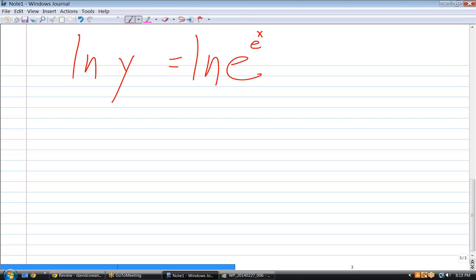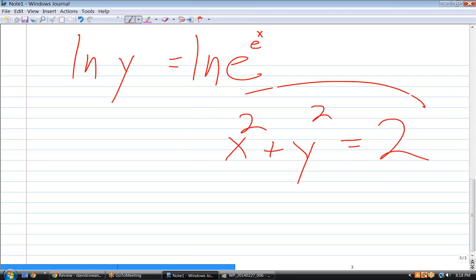You remember implicit differentiation? A little bit. Okay, let's talk about implicit differentiation. If I give you this, and I say implicitly differentiate it, you don't have to solve it for y and explicitly differentiate it. You can just immediately go in and differentiate it.